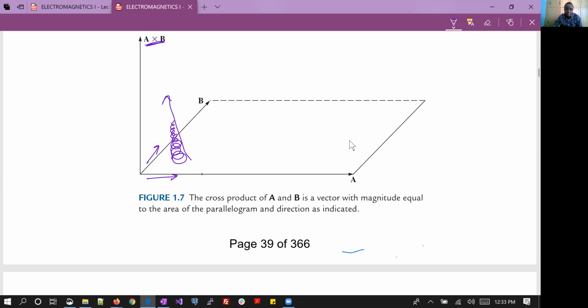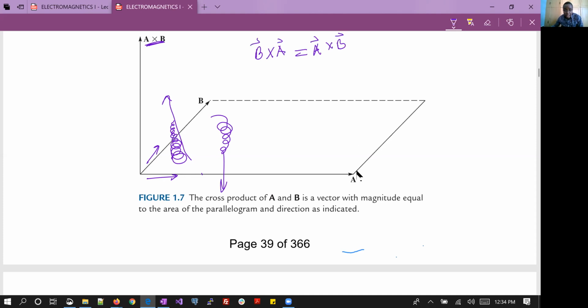Therefore, the output of a cross product is always a vector directed along the right-hand screw when the screw is rotated from A to B. And therefore, if you had B cross A, the screw would be going in the opposite direction, downwards. So you can say that A cross B is not equal to B cross A.